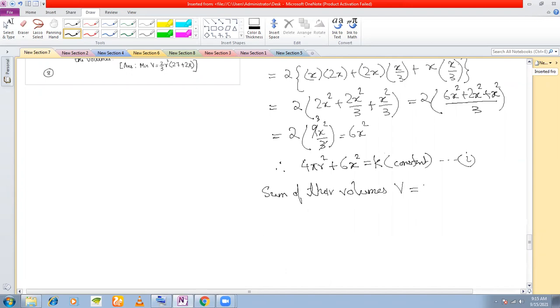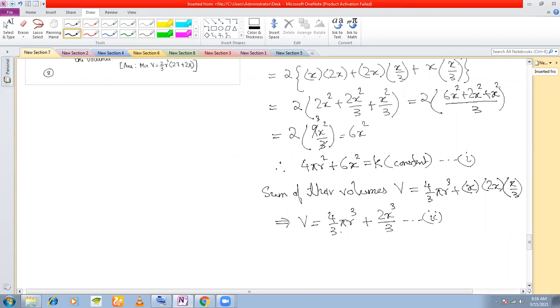Let's say V is equal to 4/3 pi r cube plus length into breadth into height, 2x into x into x by 3. That means V is equal to 4/3 pi r cube plus 2x cube by 3. This is the sum of the volumes. Call this equation number 2.